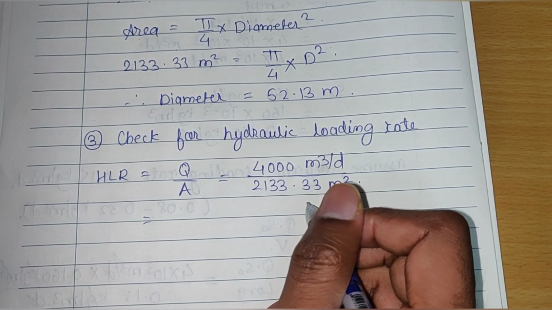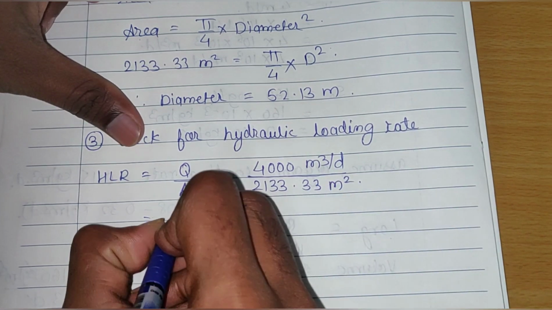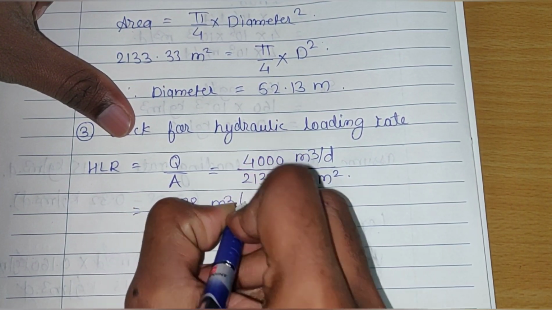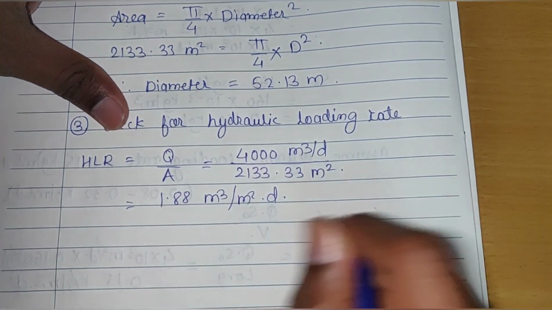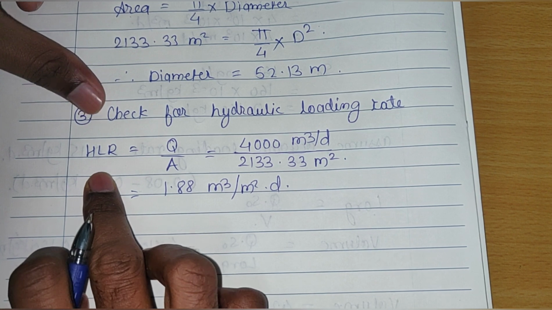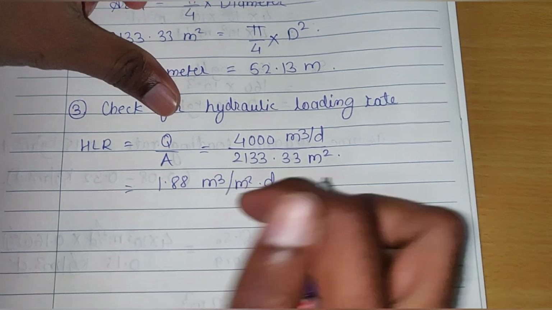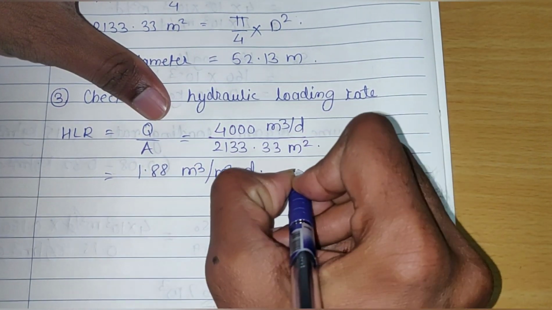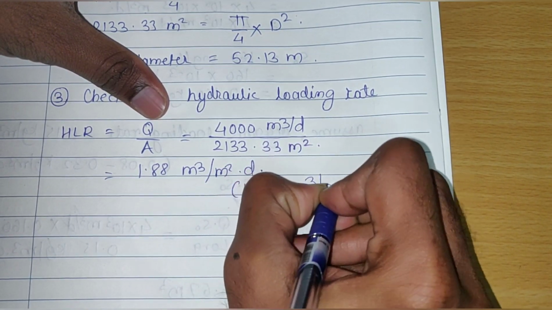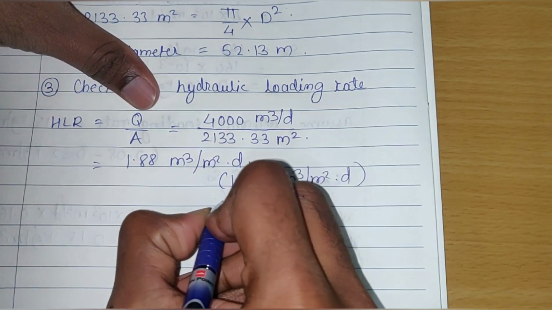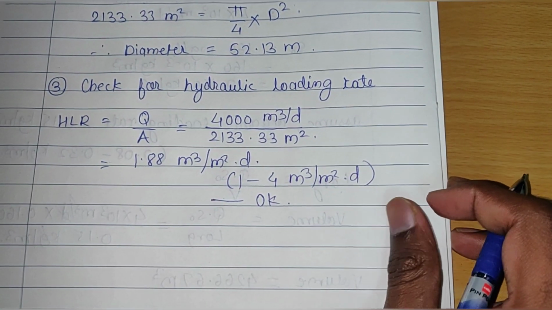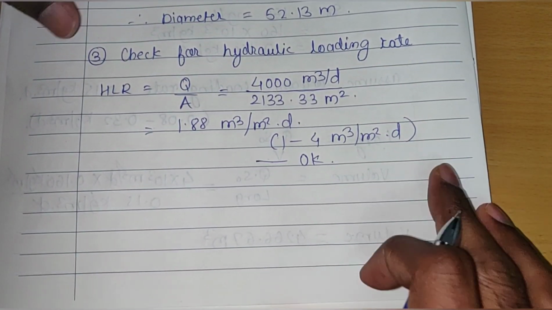We get the value of HLR as 1.88 meter cube per meter square per day. The typical range for hydraulic loading rate for a standard rate or low rate trickling filter is 1 to 4 meter cube per meter square per day. Hence our design is okay, or the values we have assumed are correct.